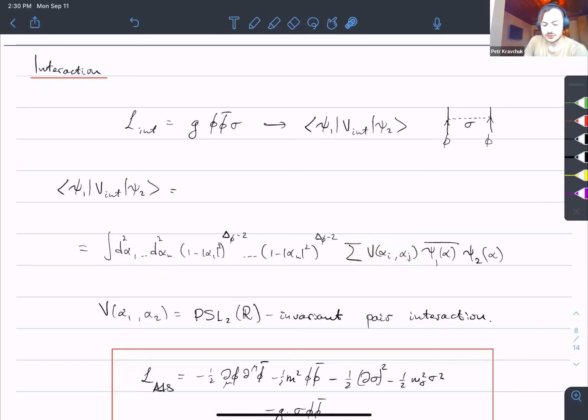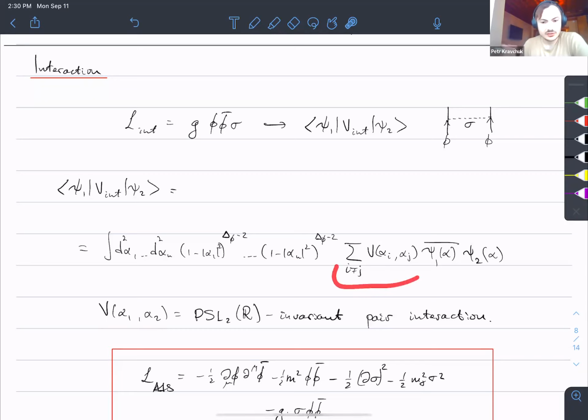And then the role of inserting the interaction potential here is to insert a sum over pairs ij of some function v(alpha_i, alpha_j), which is a PSL2 invariant. PSL2 is the isometries of our hyperbolic plane. Some invariant pair interaction, which decays at large distances as you expect.